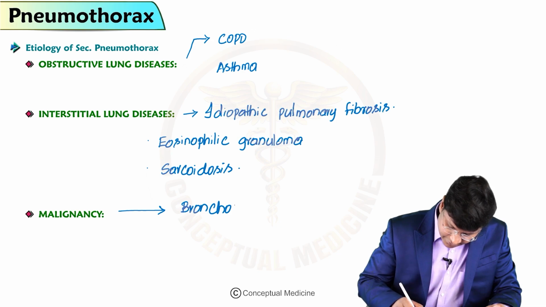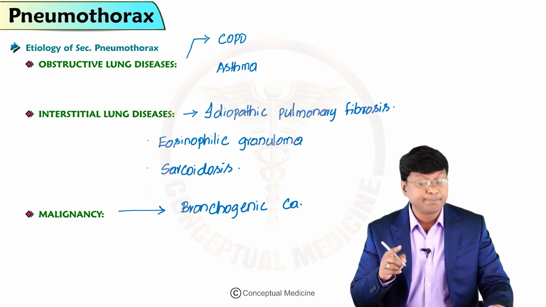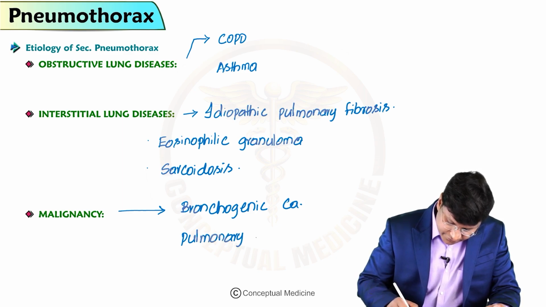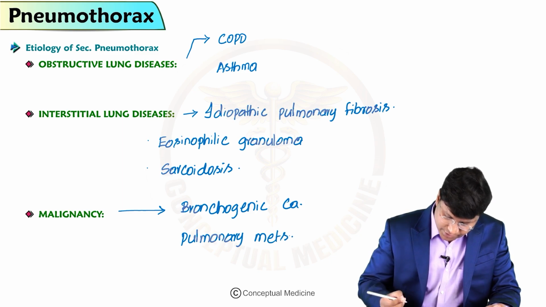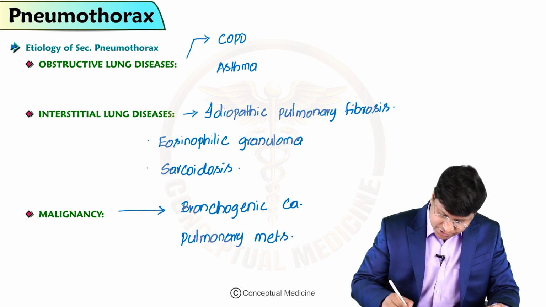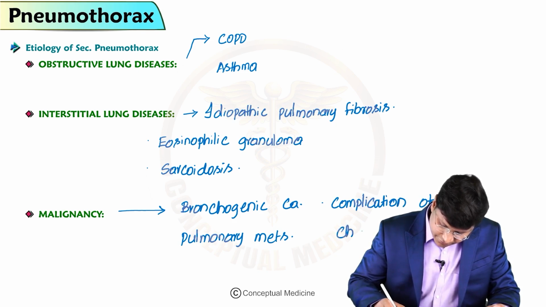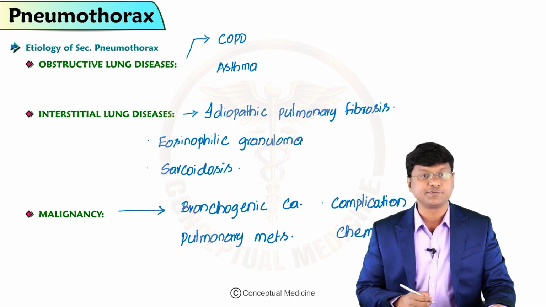And not only primary carcinoma of the lung, even pulmonary metastasis can progress to the development of secondary spontaneous pneumothorax. And lastly, complication of the chemotherapy. So these are the etiologies which can cause the secondary spontaneous pneumothorax.